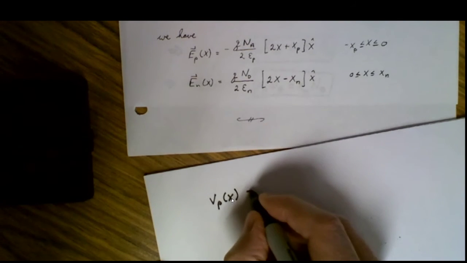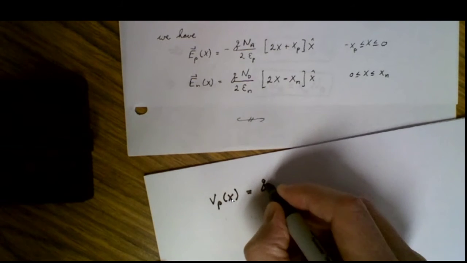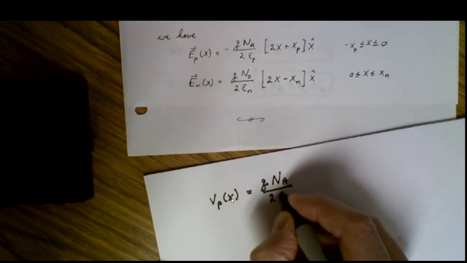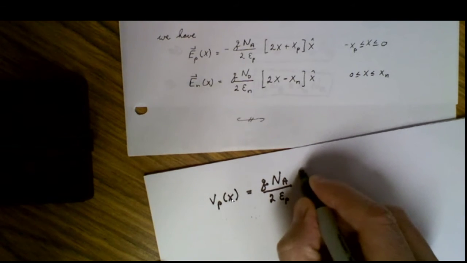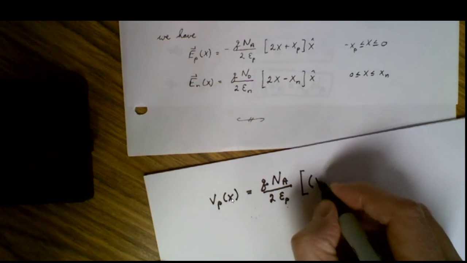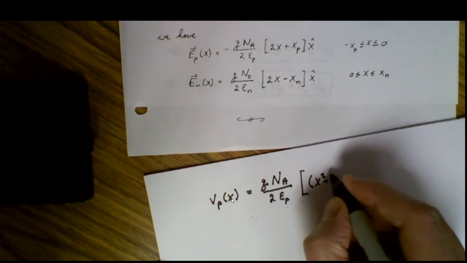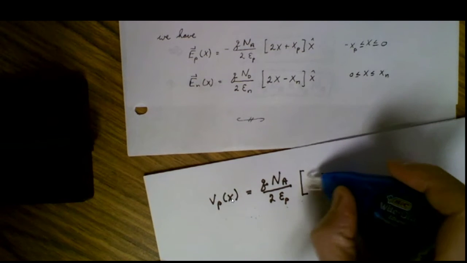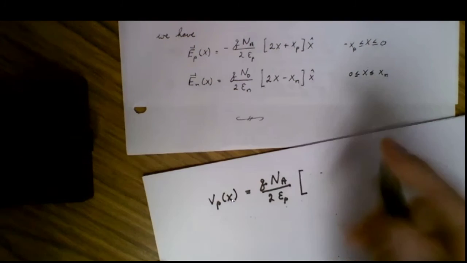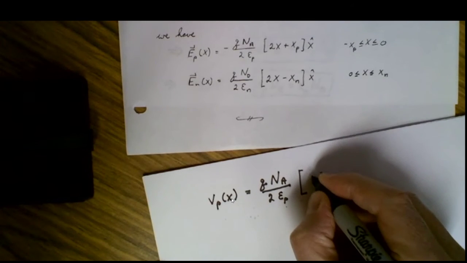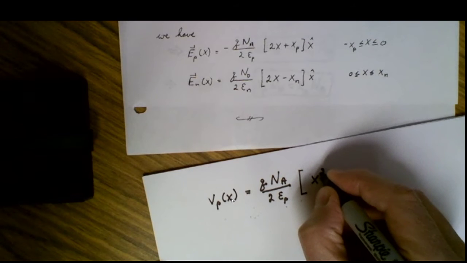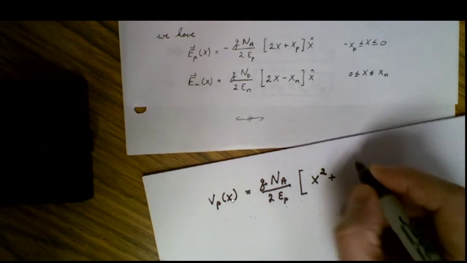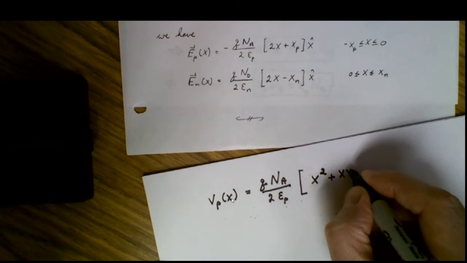will be equal to the charge q times the number of acceptors per unit volume divided by 2 times the permittivity of the P material times x squared plus x times x sub p.